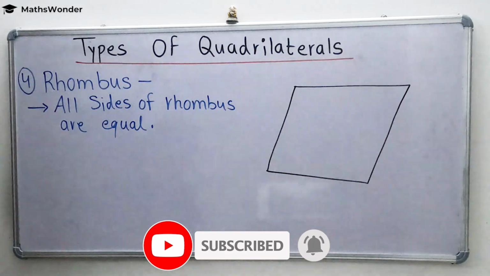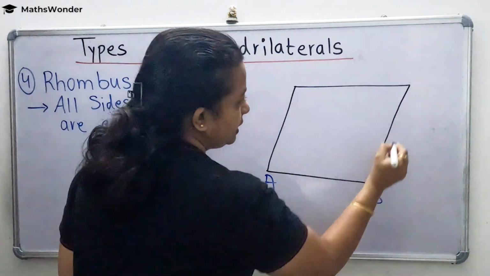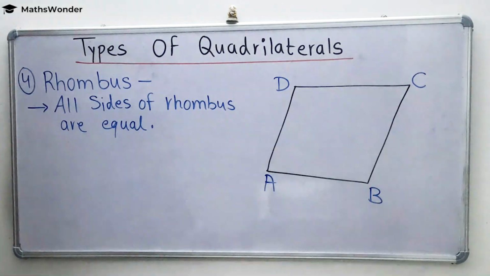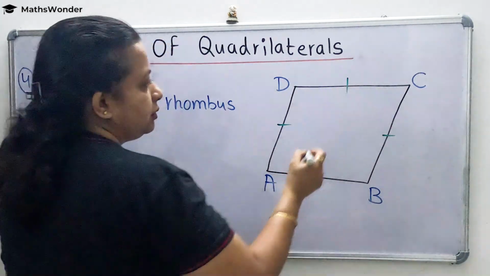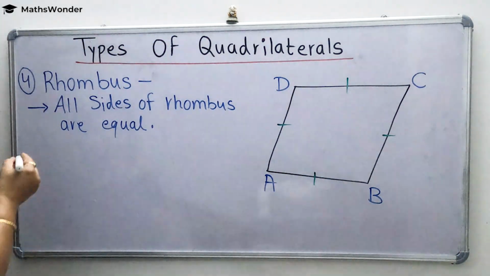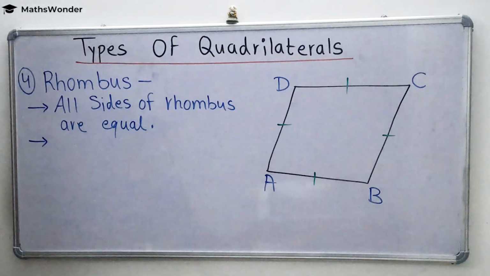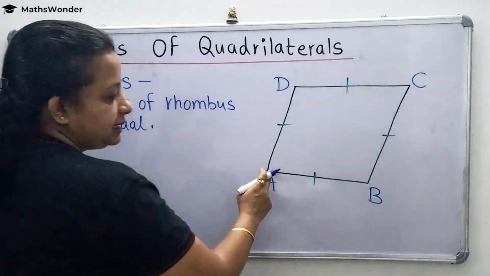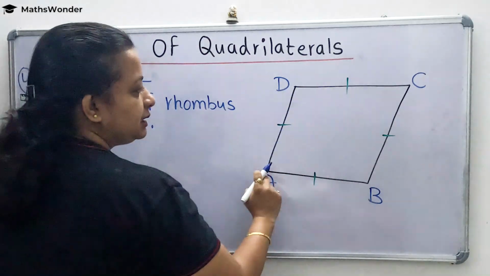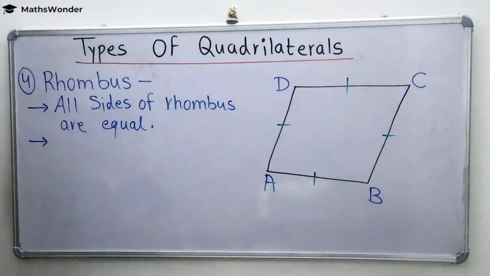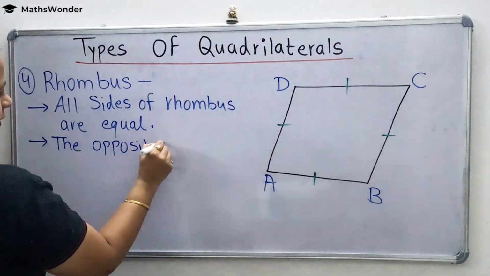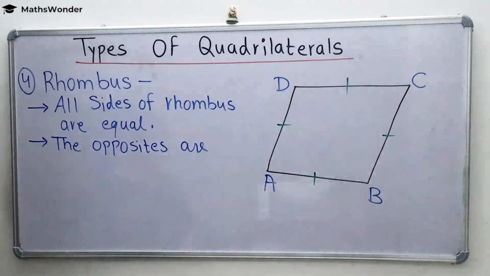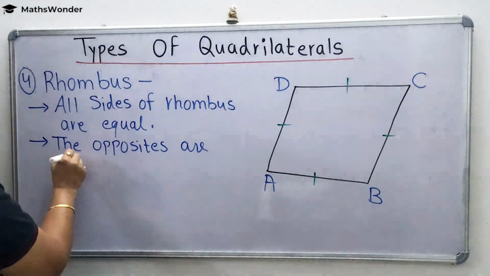Now we'll give the naming of this as A, B, C and D. All four sides are equal in length, like a square. Second property of the rhombus is the opposite sides of a rhombus are parallel. You can see here, these two are parallel, these two are parallel, right? So write down the opposite sides are parallel.